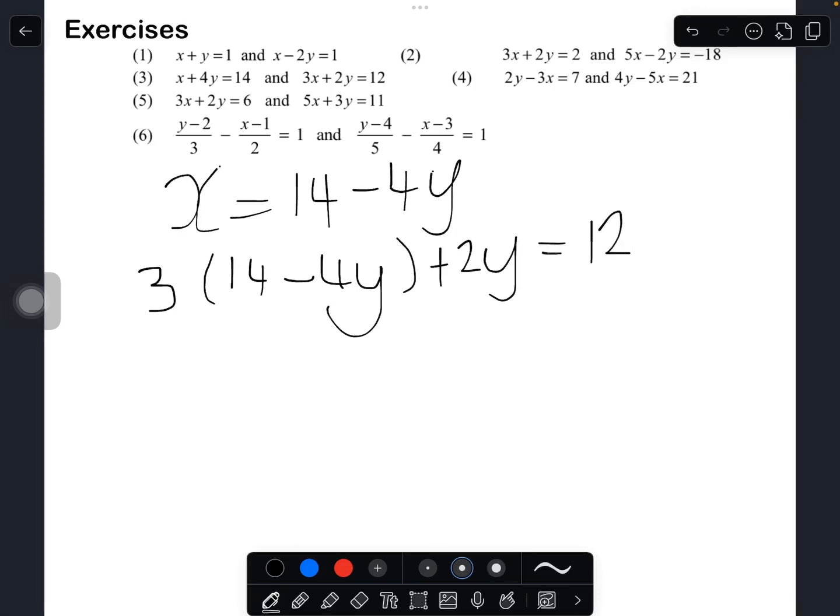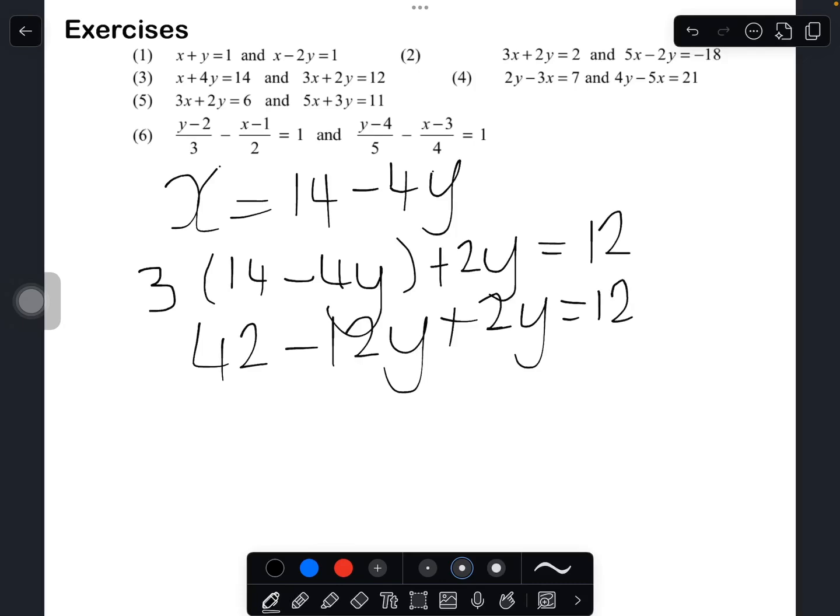I'm then now just going to solve for this. 42 minus 12y plus 2y equals 12. Okay, I'll be left with negative 10y equals negative 30, and then I'll have y equals 3.